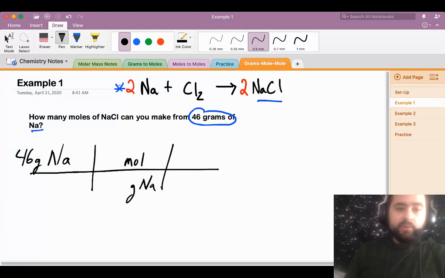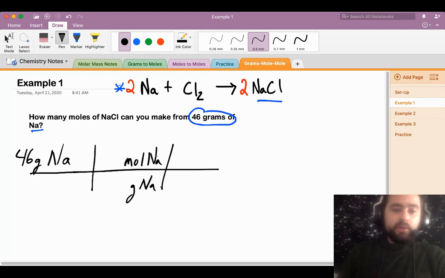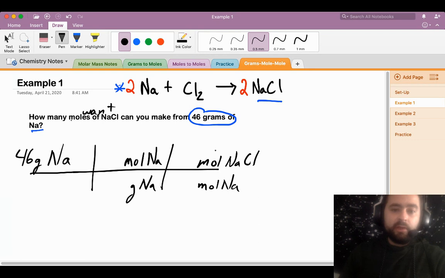So I want moles of this, of Na. And then the last step, as soon as I write the unit at the top, I'm going to write the unit at the bottom. And then what I want is moles of NaCl. So this is my want. And that goes right here. Mole of NaCl.